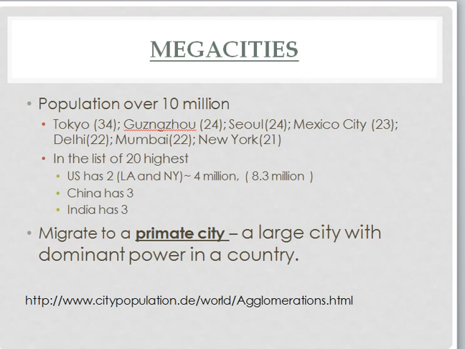Usually this is a city that has economic, political, and cultural draw. Portland would be much more of a primate city than Eugene. So they're just looking at that hierarchy of cities, and most people are moving to primate cities.